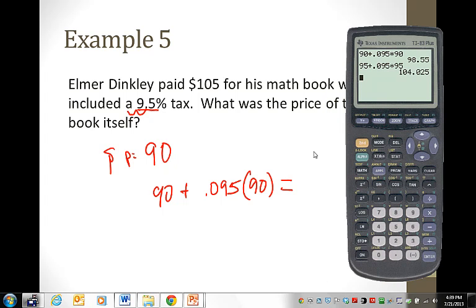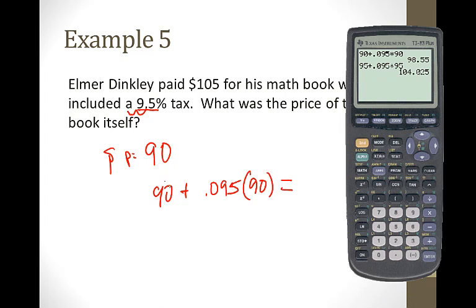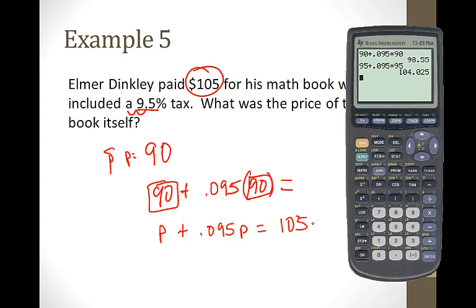Let's set this up. So this is a number I just made up, that 90. So I'm going to replace that 90 with my variable. Let's use p again. So p plus 0.095p equals, and we know what it's equal to. It's equal to $105. I'll leave the units out for now. And solve this equation.